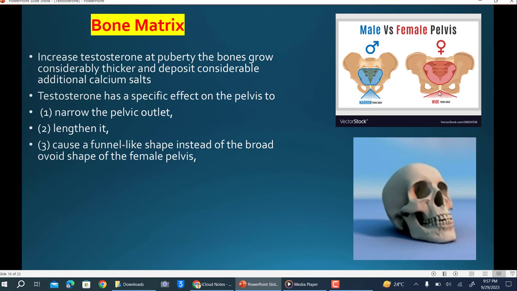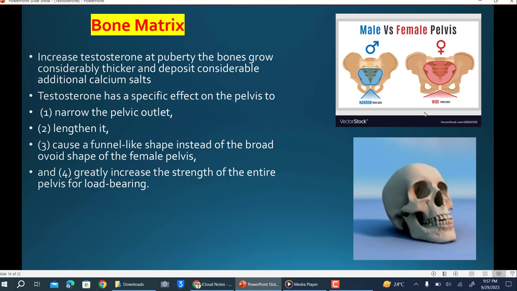In the case of the female, the pelvis is broad and short. Testosterone greatly increases the strength of the entire pelvis for load bearing, as the male is exposed to load more often than the female, so the male pelvis is stronger than the female.